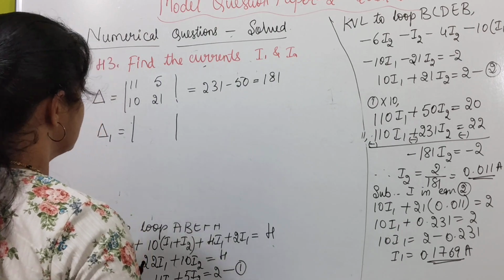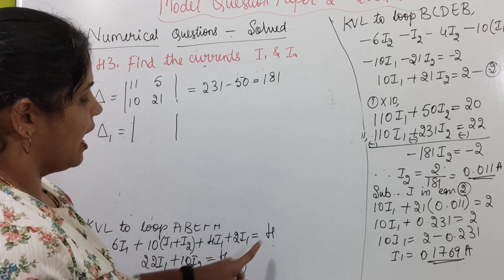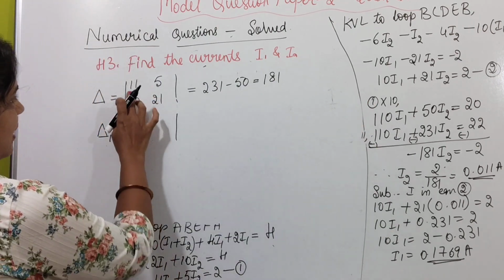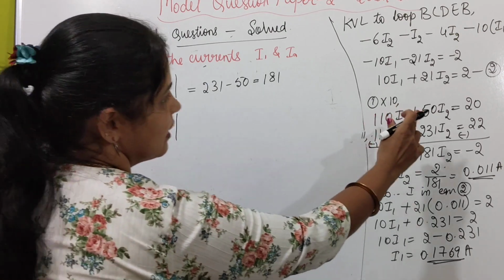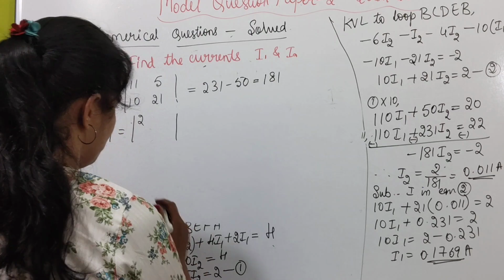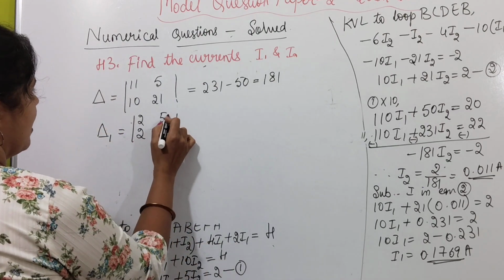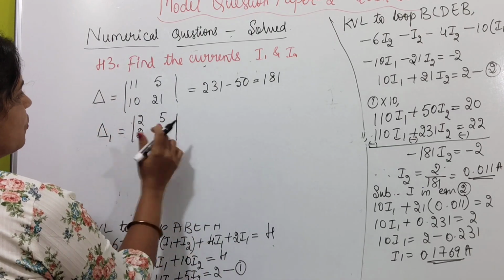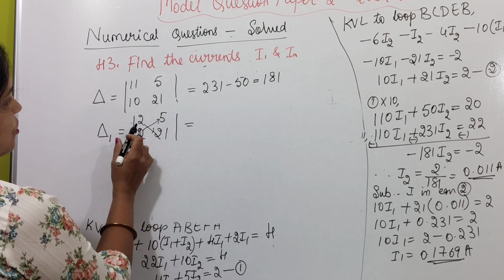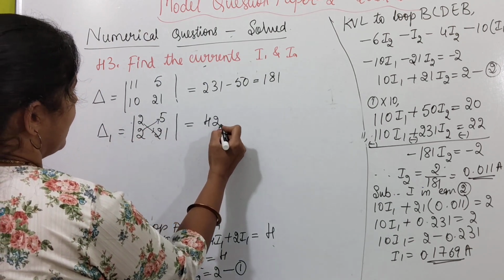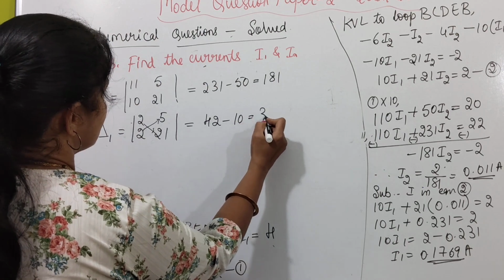Next, to find delta 1, you have to replace the I1 column by the right hand side terms, that is 2, and in equation 2 it is 2. So 2 and 2, with 5 and 21 kept as they are. Cross multiply: 21 into 2 is 42 minus 10, that is 32.